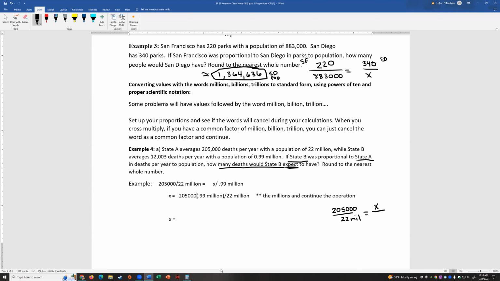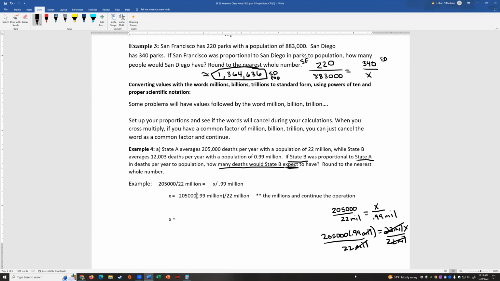What you're going to see is they're both out of millions on the bottom. So when we go to cross multiply, instead of actually working this out, I'm going to just write it out in multiplication like I did above. Equals 22 mil x. We divide by 22 mil to get it to go away. This is why I didn't convert anything yet, because both of these measurements were in millions.